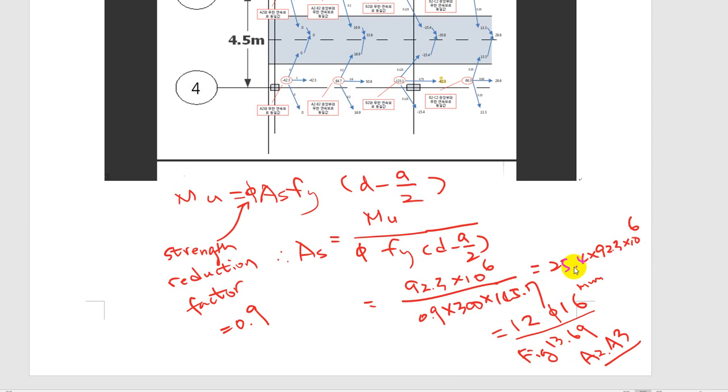So this value is the amount of rebar equivalent to 12 rebars of 16 millimeter diameter, and they indicate the design document in figures 13.69 and 82, 83.